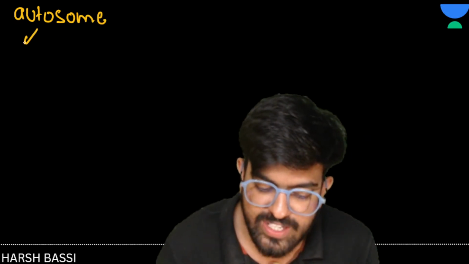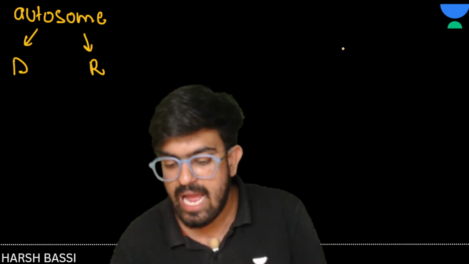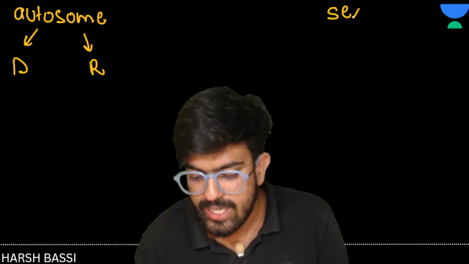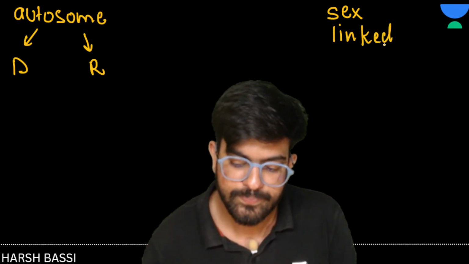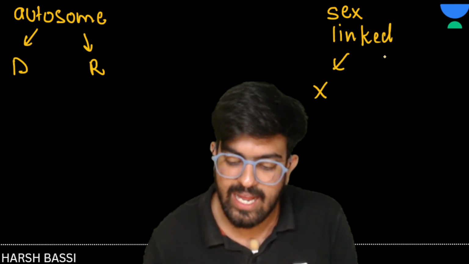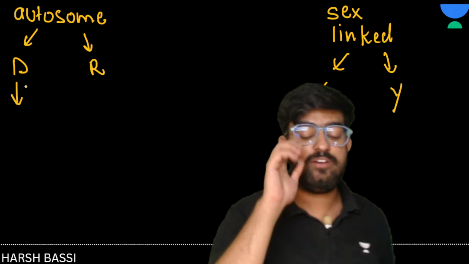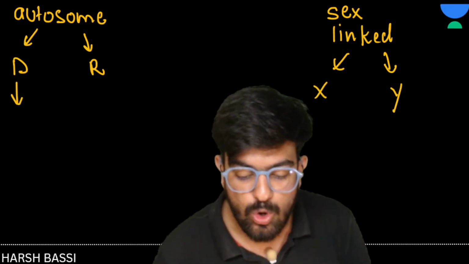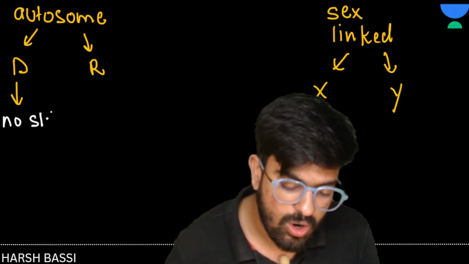We are saying that if I talk about the autosome, we had discussed two cases, dominant and recessive. Okay, and in sex linked, what is going to happen? X linked and Y linked. Now in dominant, one thing you have to remember, no skipping of generation.